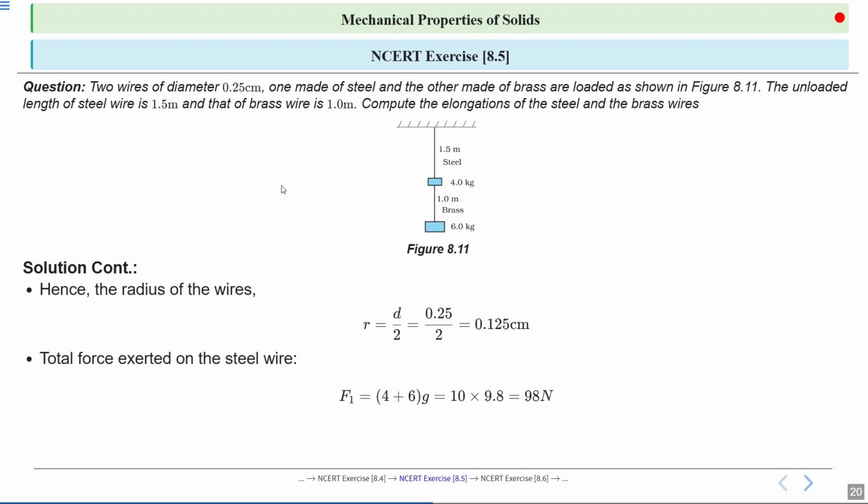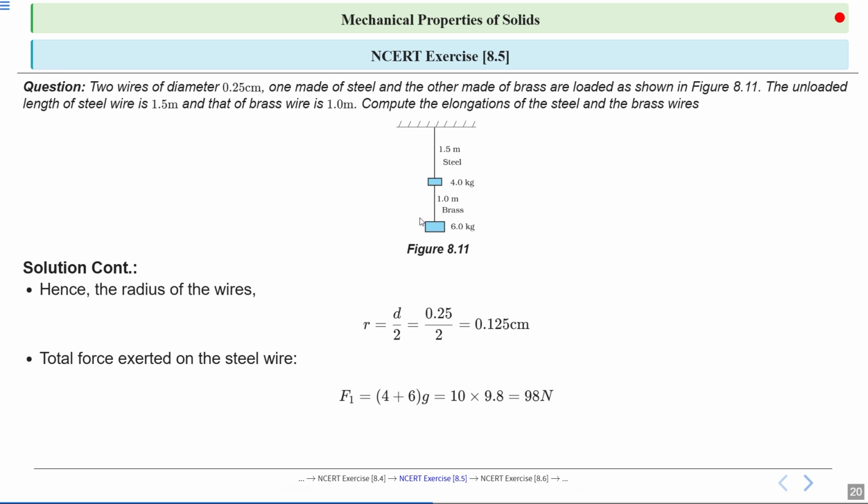So next, let's calculate the total force acting on the steel wire. The steel wire supports both the 4 kilogram and 6 kilogram weights. Look at the figure. We have a 4 kilogram, this one, and then 6 kilogram.